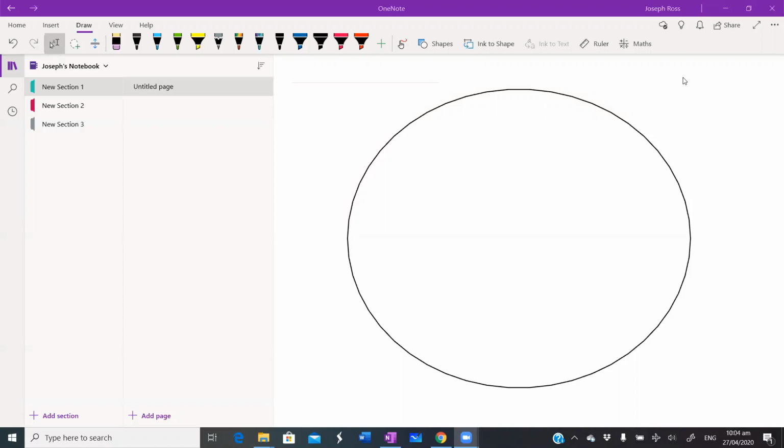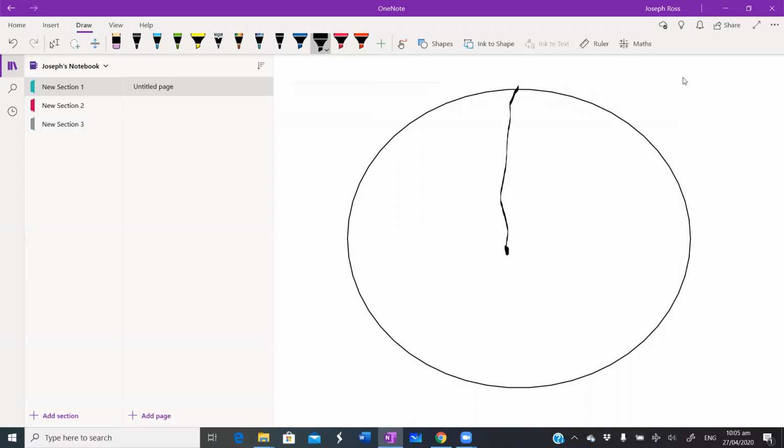Now with angles, up till now you've been mostly measuring angles in degrees, but another measure of an angle is in radians. Now, 1 radian is, if we look at the circle that we have on the screen, and let's draw in where the center of the circle is, which would be around about there. So let's draw the radius, which is a line from that central point to the outside of the circle.